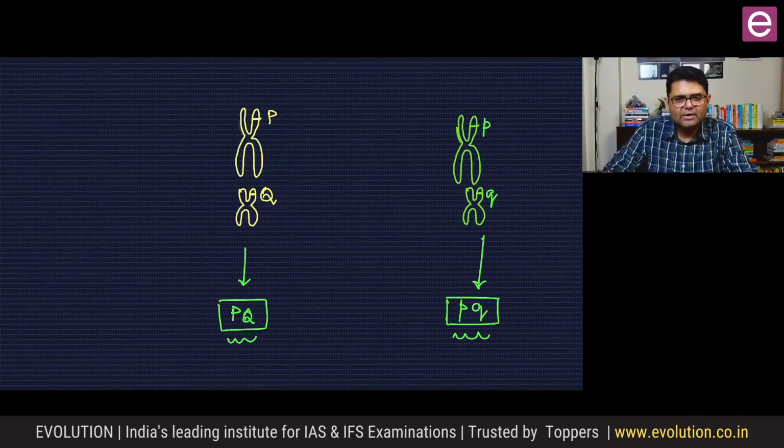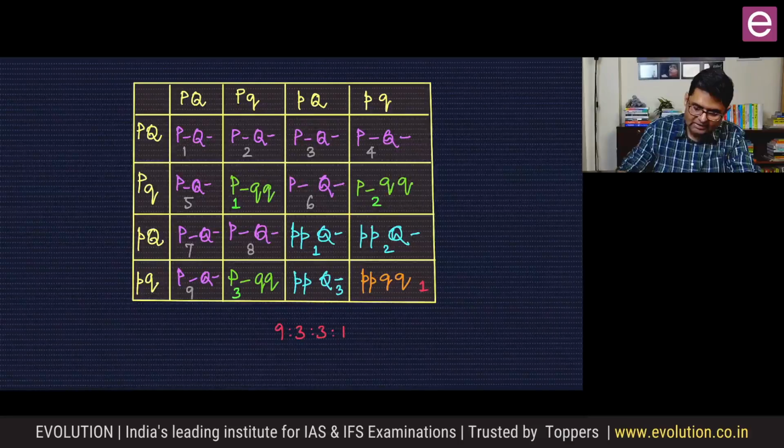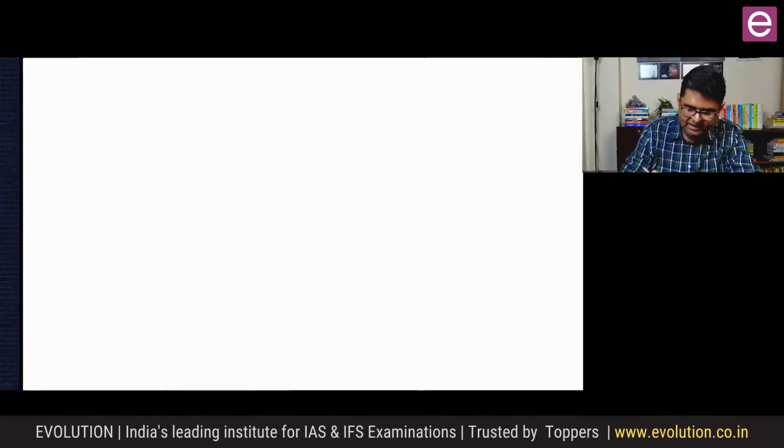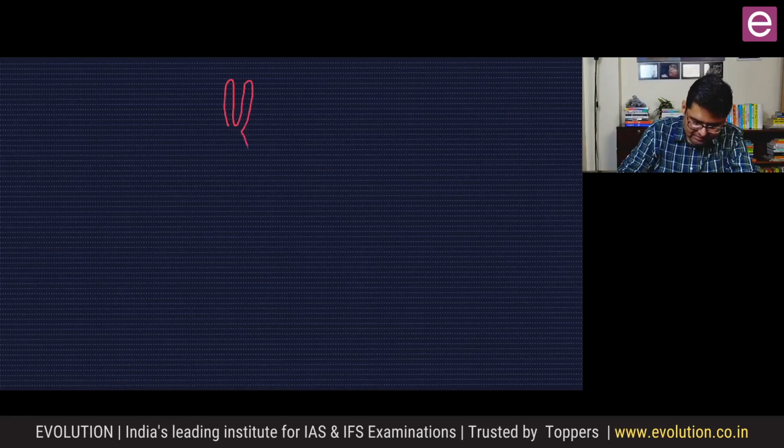So now I hope you have understood why independent assortment takes place when the genes are located on separate chromosomes. Let's imagine two other genes, let's call them A and B. Okay. So in this case, A and B are present on the same chromosome.